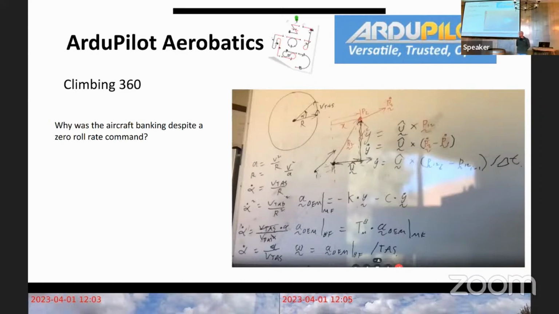So, climbing 360 with wings level. If you imagine an aircraft flying along, and then at some point the maneuver starts, we've demanded a certain radius. We've demanded 0 yaw rate, so the wings stay level, and we wanted to climb, say, 40 meters during this 360-degree circle.